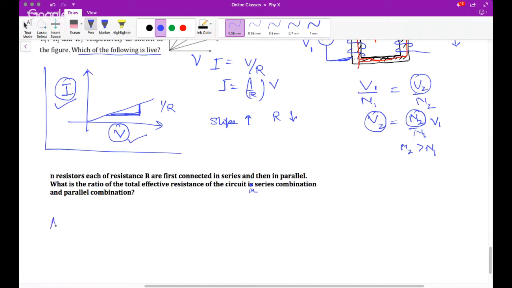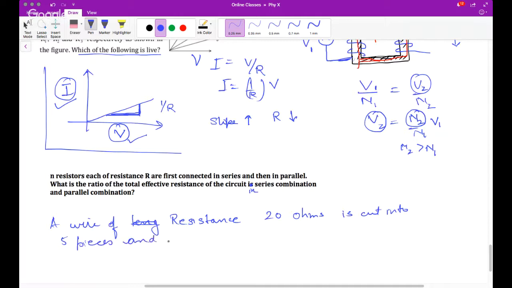The second question is a wire of resistance 20 ohms is cut into 5 pieces and connected in parallel.